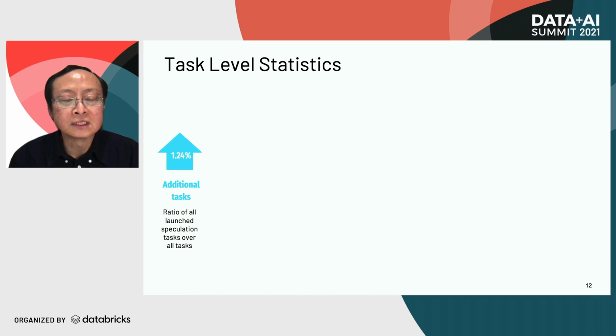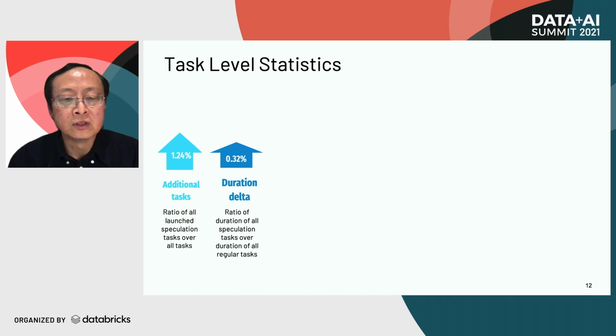So we will consider only those tasks with duration greater than 30 seconds for speculation. And now let's look at the duration. The ratio of the duration of all speculation tasks over the duration of all the regular tasks is just a small percentage. It is 0.32%.